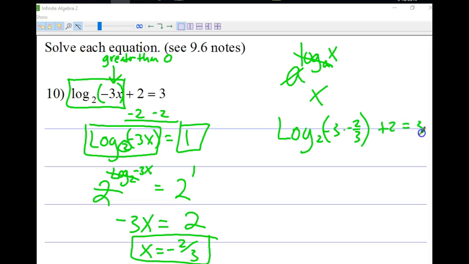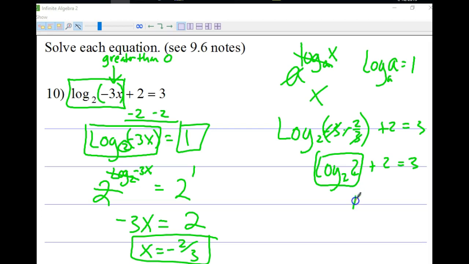But I'll work out the whole thing. Negative 3 times negative 2/3. Well, the 3's cancel and the negatives cancel, and you're left with 2. Log base 2 of 2. There's another log rule that says that whenever these bases match, it's just 1. So this is 1. So we're good. It worked.